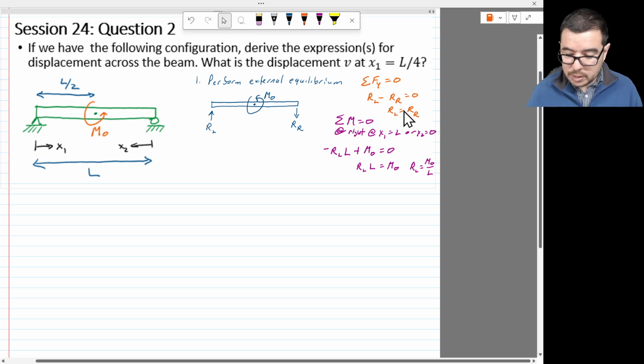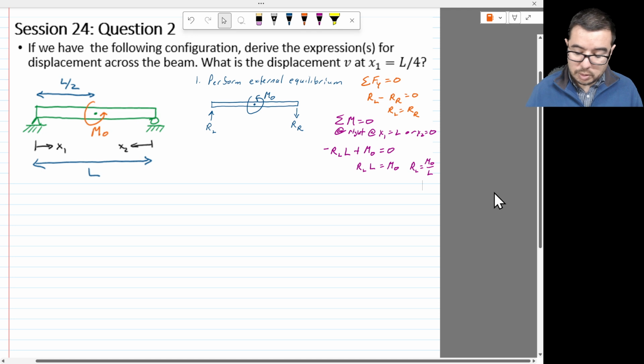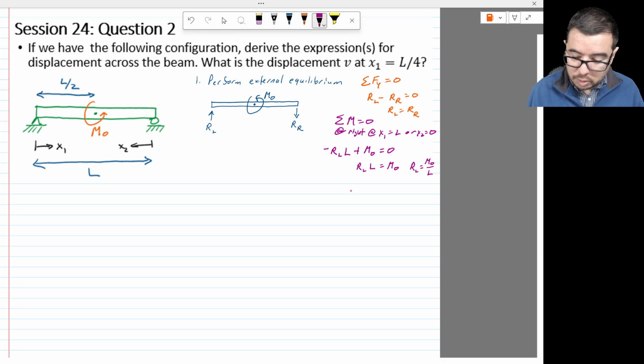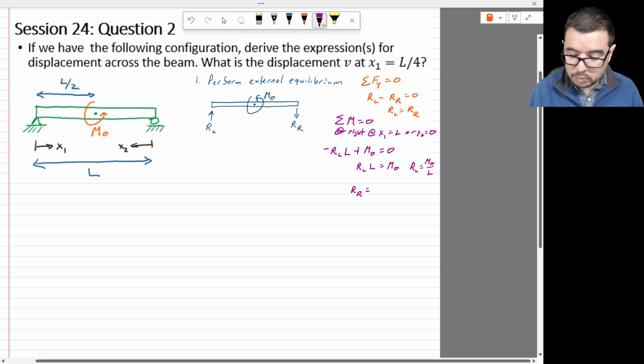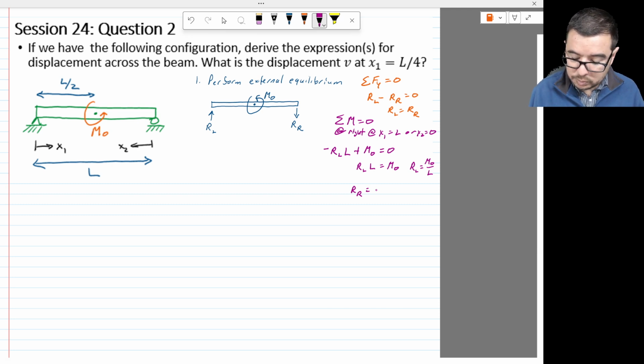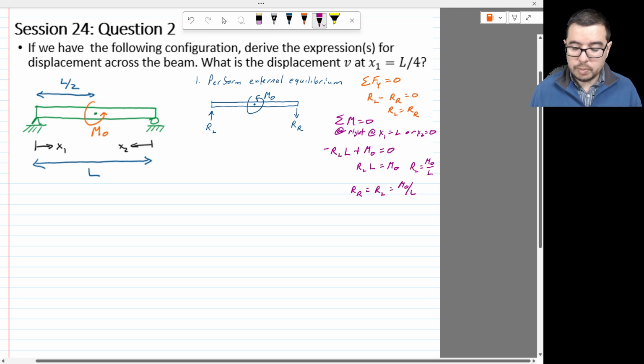And we saw previously that RR is equal to RL, so we can also say that RR is going to be equal to RL, M naught over L.